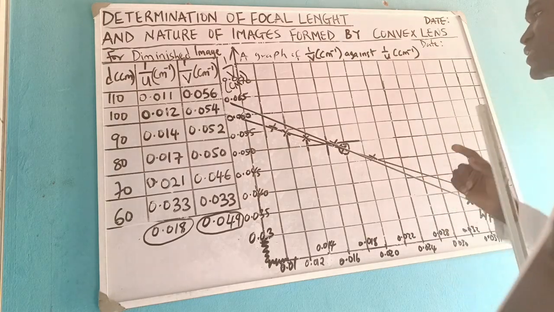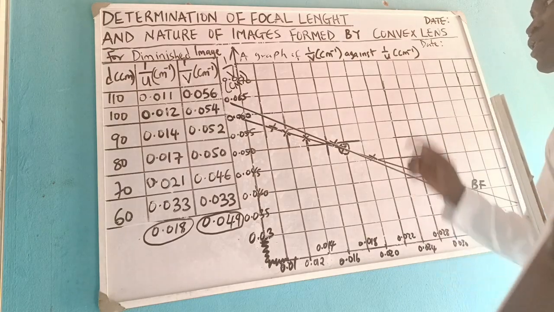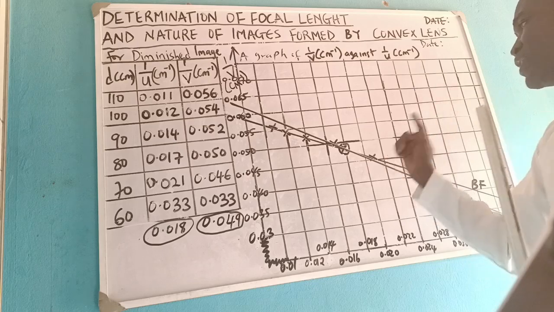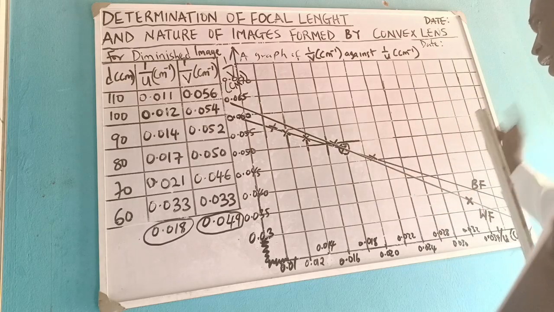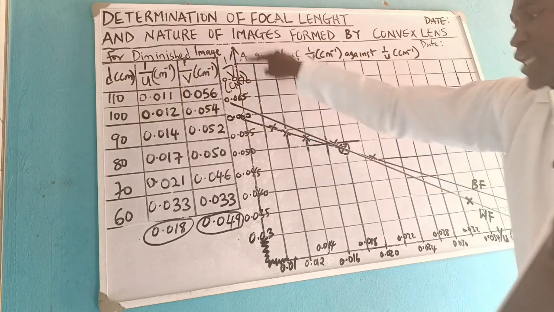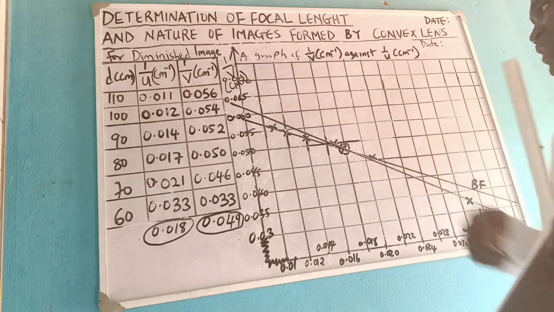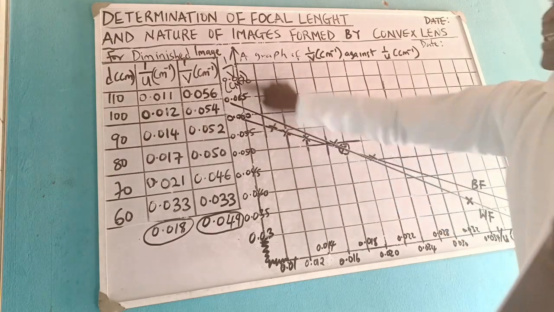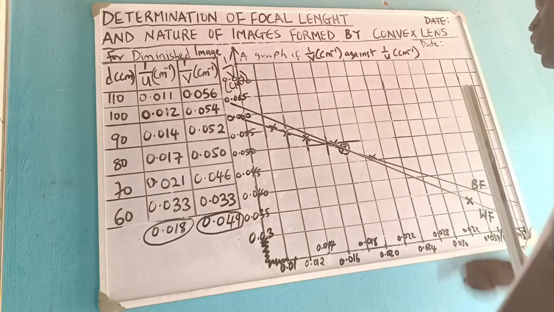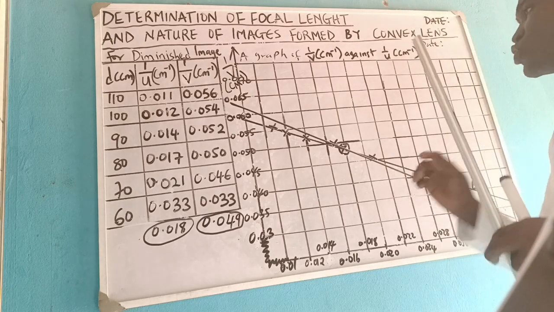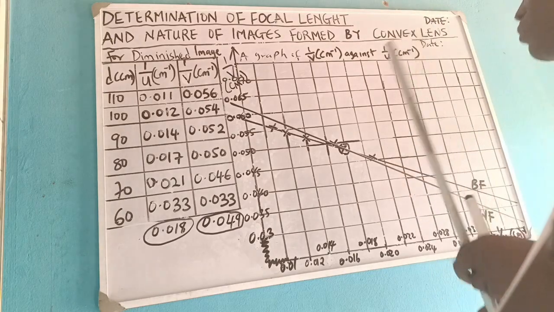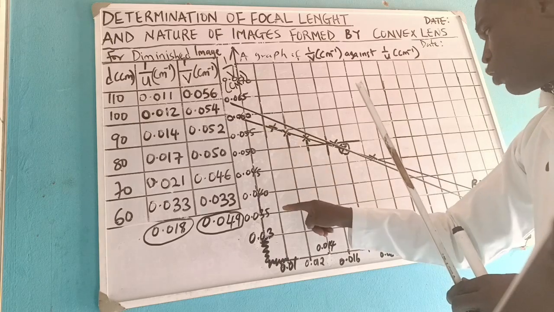Now, next thing you do is get the slope of this graph and the y-intercept, or the vertical intercept. Are you getting it? The y-intercept means the vertical intercept, so to speak. How do you get the slope of this graph? First and foremost, get the slope of best fit.